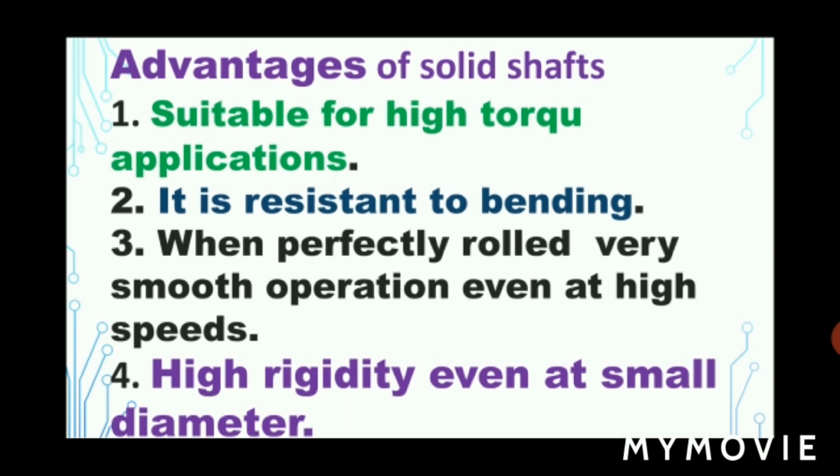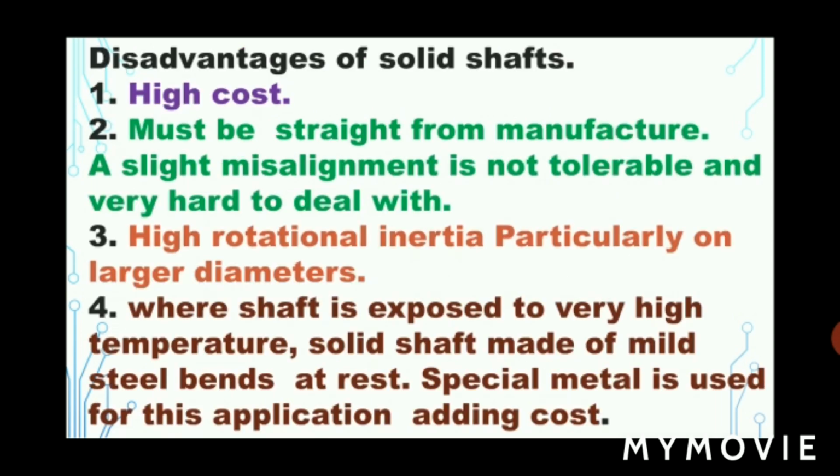On the other hand, we have disadvantages also. What are the disadvantages? It has a very high cost, and weight is also very high. And it must be straight from manufacture.